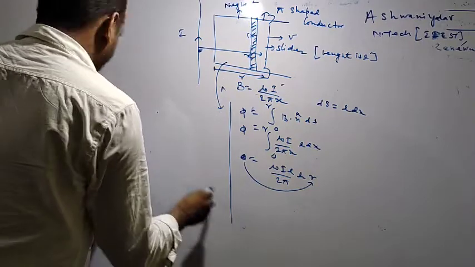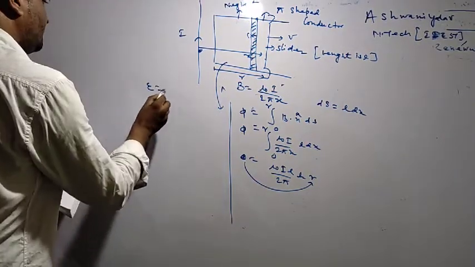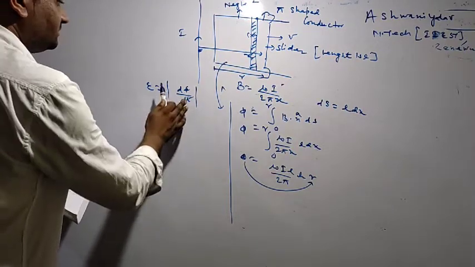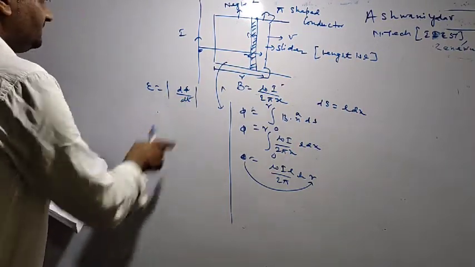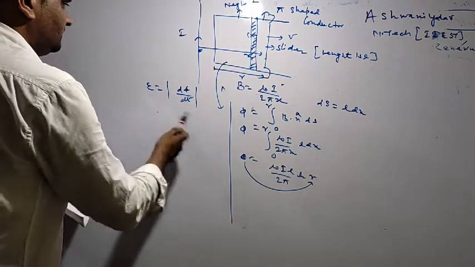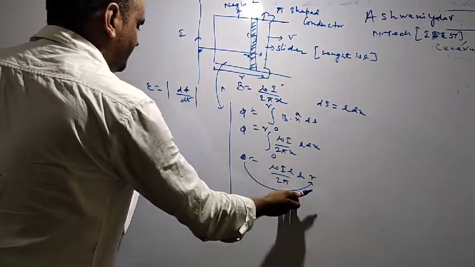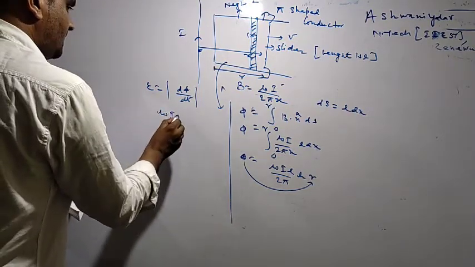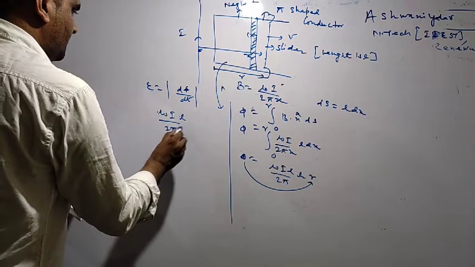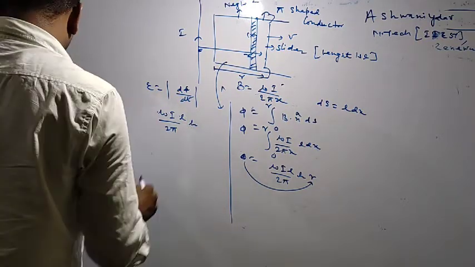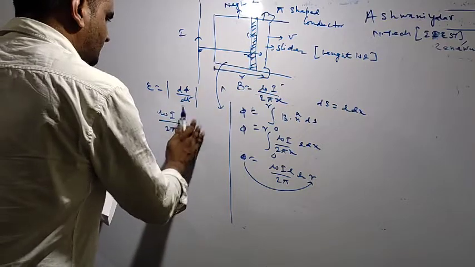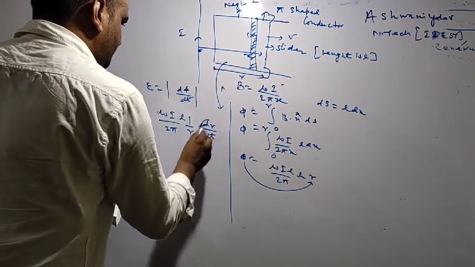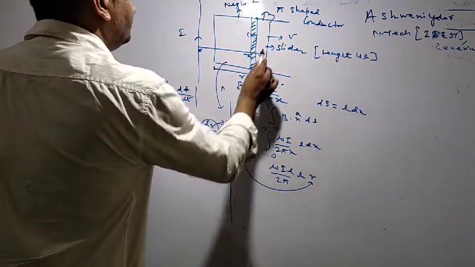So for the rate of change of flux, you can find the EMF, which is equal to the rate of change of flux. We have to check its sign, but here I can consider its magnitude. So time differentiation of this quantity will give you the EMF, and its value is mu naught I L by 2 pi, ln r differentiated as 1 by r, times dr by dt, and dr by dt is the velocity of this slider.